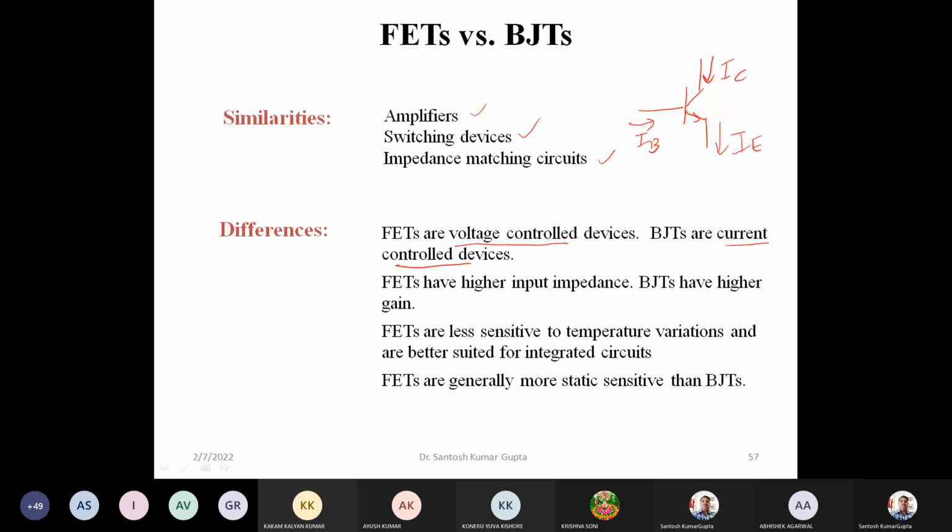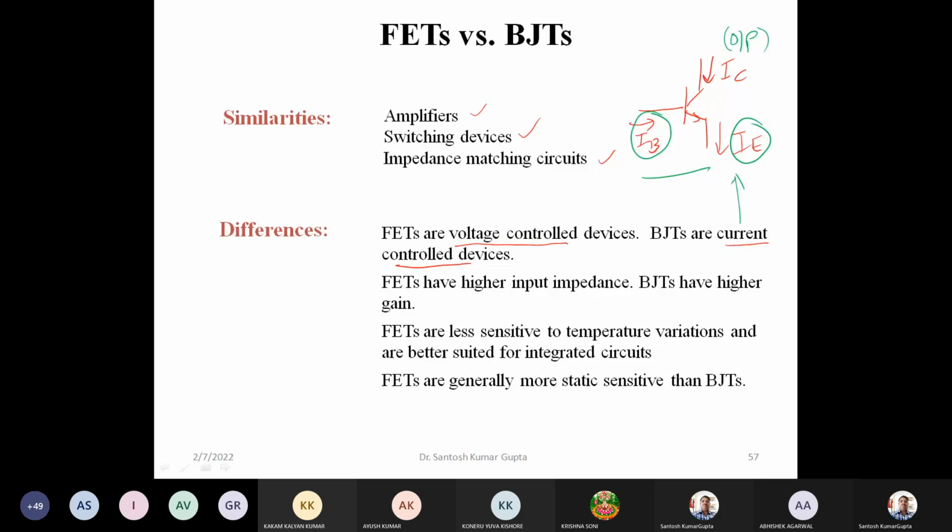The output current, that is IC, can be changed by either IB or IE. So these BJTs are essentially current control devices. Whereas we will discuss in detail that FETs are voltage control devices, and we shall also understand their working.